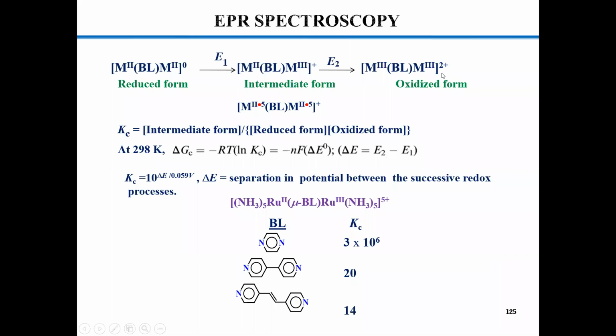So 2 electron transfer can take place in two different ways. One is simultaneous 2 electron oxidation or 2 electron transfer, could be the reduced one also, and the other is 1 electron each. If 2 electron transfer takes place at a time, that means there is no communication. That's a bogus system. You can throw it out.